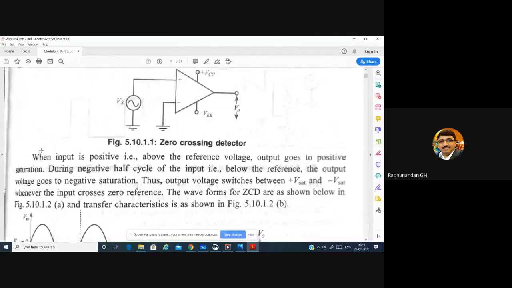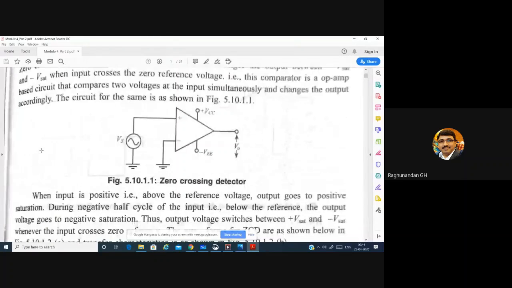Now, if the input signal goes to the negative phase, that is minus Vm, can you tell me whether the inverting terminal will be at higher potential or the non-inverting terminal will be at higher potential?